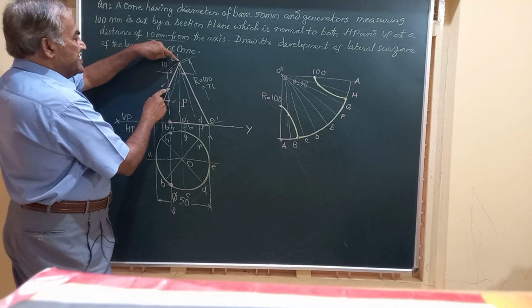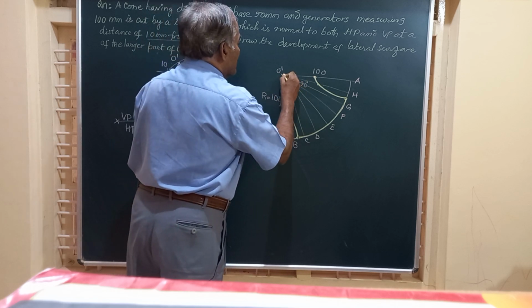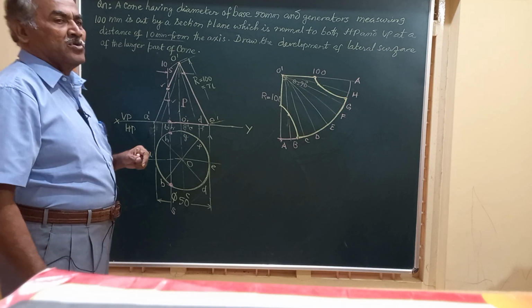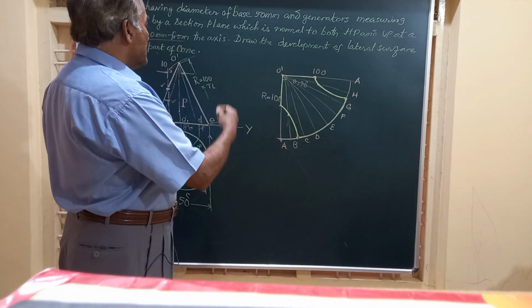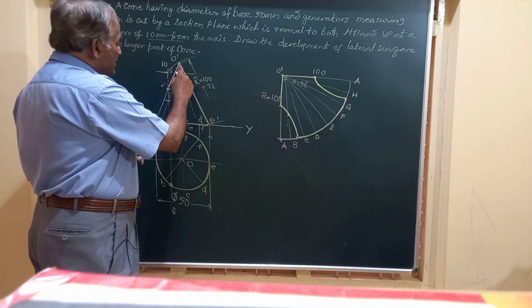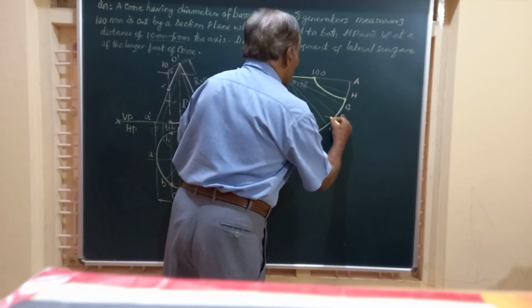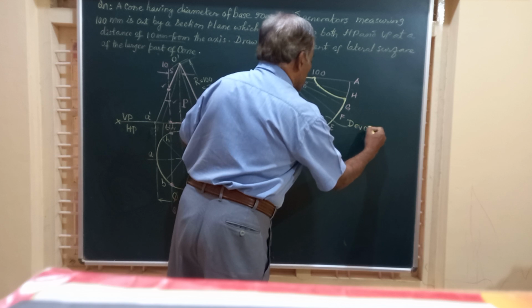This part is retained, so I am going to join this and again on this. Friends, this is how the development looks when the larger part of the cone is developed. Friends, I'll just mark it as the development of the larger part.